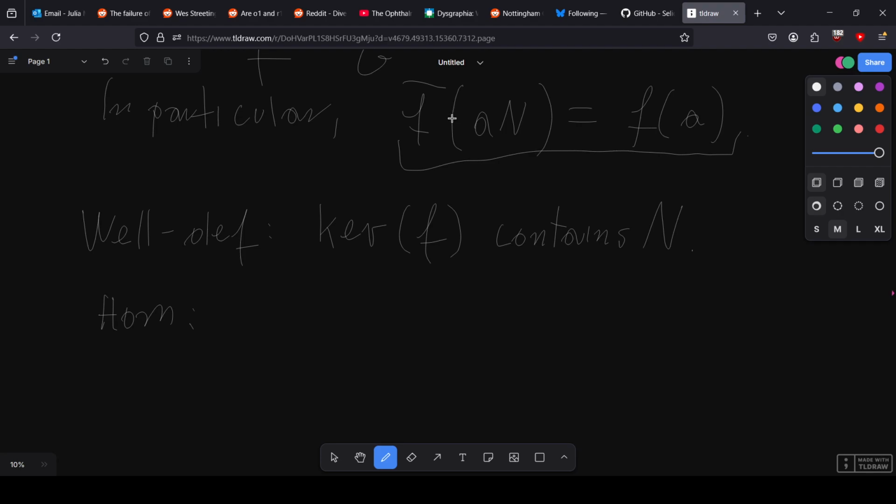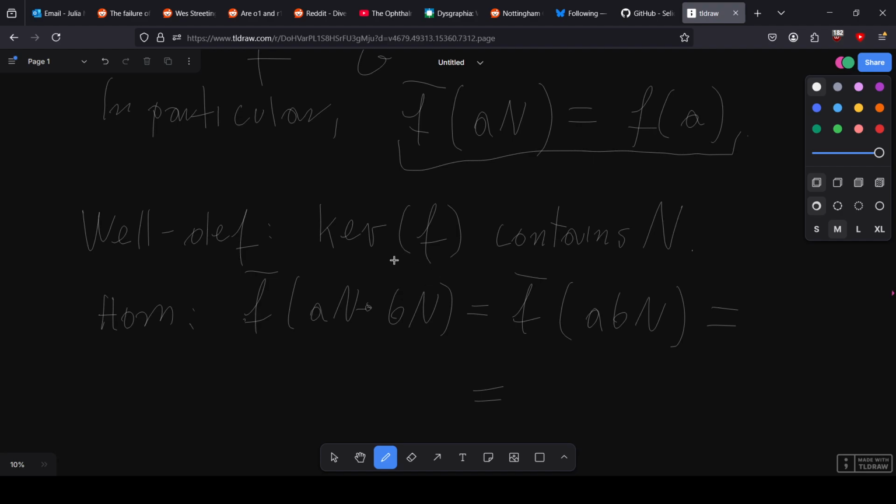Because what happens here is that because of the multiplication on cosets, this is exactly that.